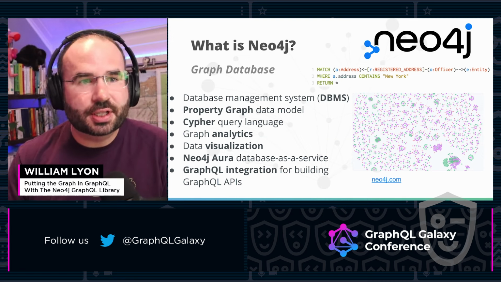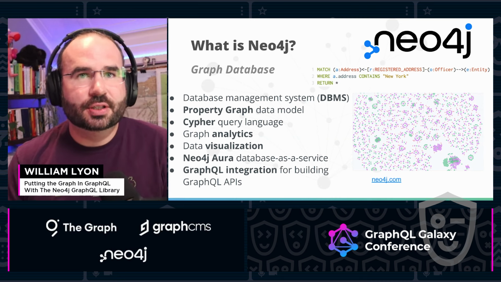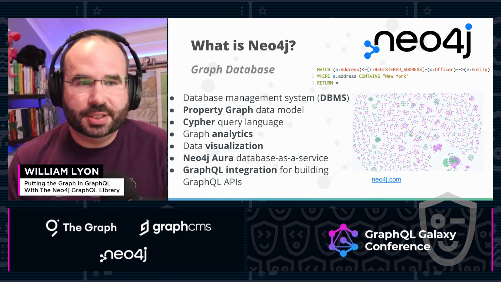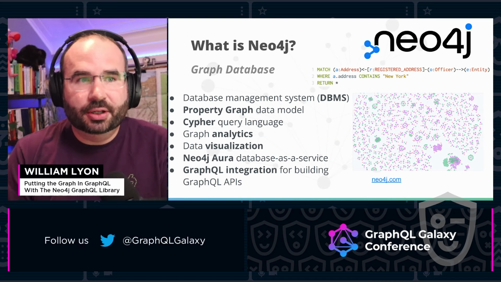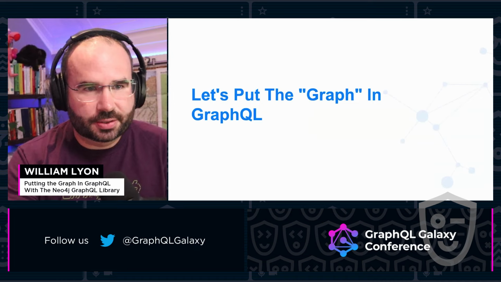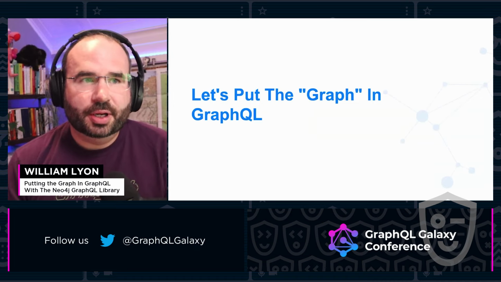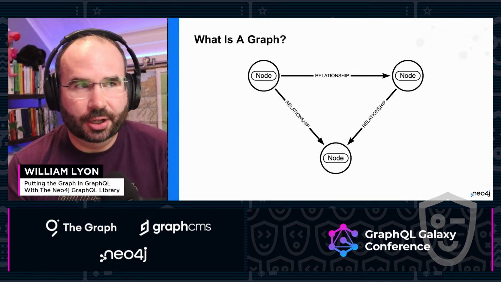There are lots of interesting things that we can do with graph databases and implications for their different performance optimizations from other databases. But of course, what we're going to talk about today is building GraphQL APIs backed by a graph database. So really what I want to talk about today is the graph part of GraphQL.